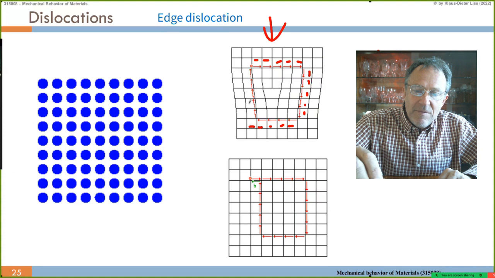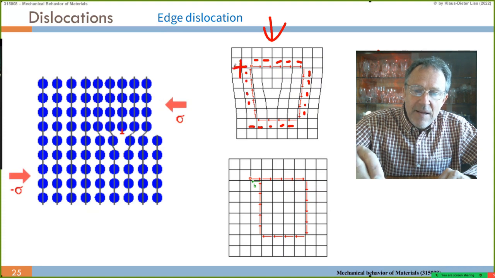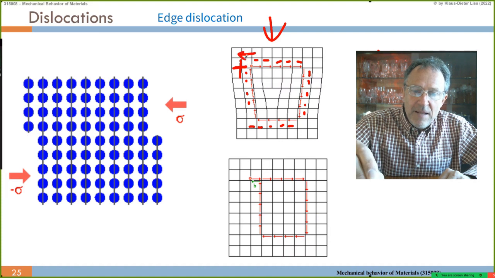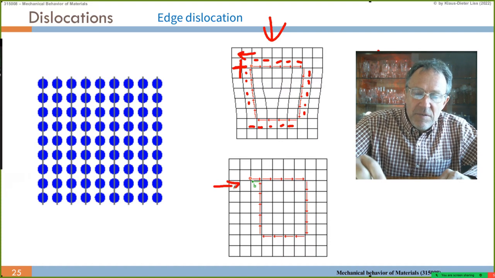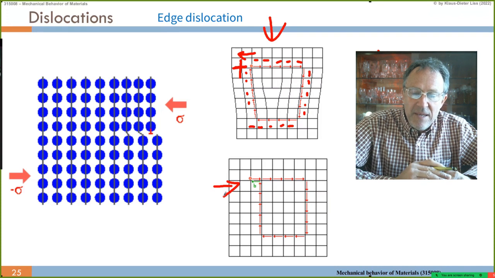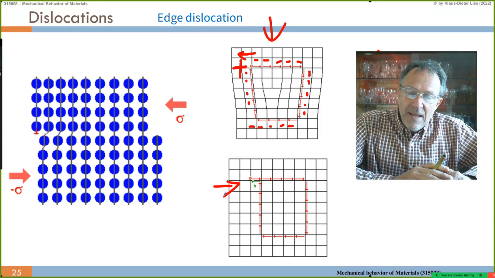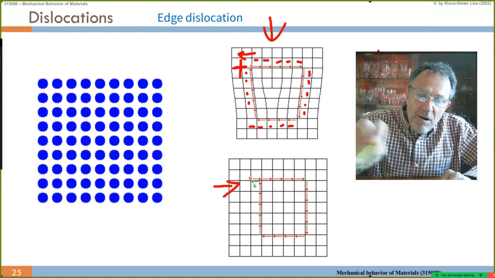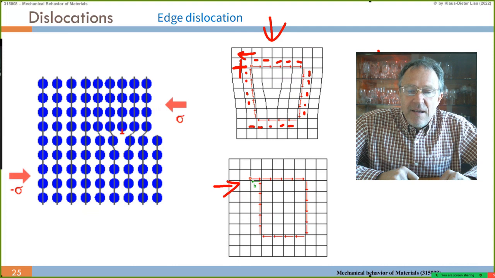So 1, 2, 3, 4, 5, and I would end up here. So I would end up at a position which is shifted to the left, which we call the Burgers vector b here, shown in green. If I go a loop and I end up with a Burgers vector, then I have this shift.